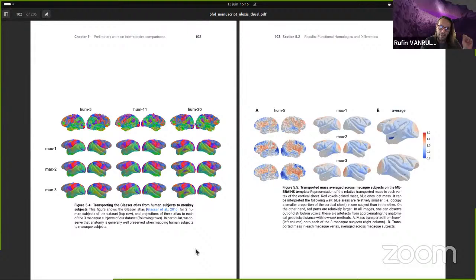But I see the same thing in macaque 2 and the same thing in macaque 3, as if really what matters in the projection, in the mapping, is the source rather than the target. And I would have thought that it should be the other way around, that when I'm projecting something onto a particular macaque brain, which is different from another one, then probably I want to capture something about this particular macaque brain. And then I realized there's no reason why there should be an asymmetry, so maybe it should be a bit of both. But then there is an asymmetry here, and I was wondering if you could comment on this.